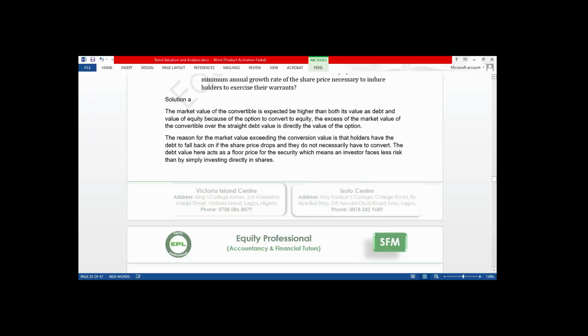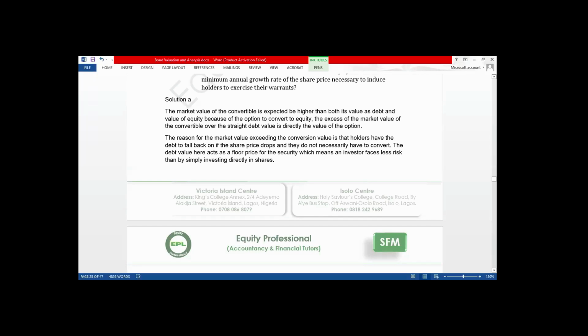Continuation. The reason for the market value exceeding the conversion value is that the holder has the debt to fall back on if the share price drops. What we are saying is the holder is given an opportunity.